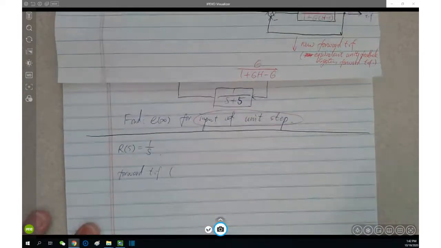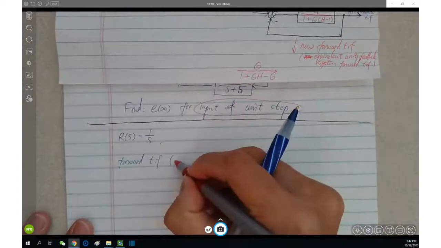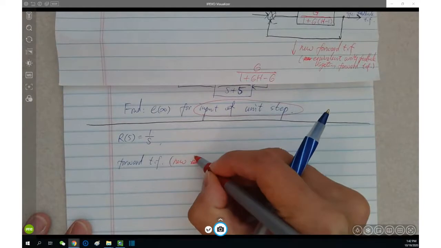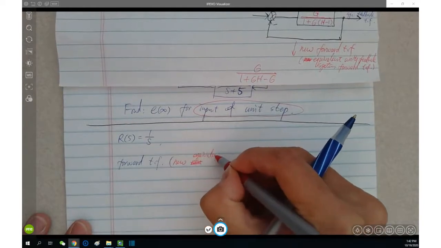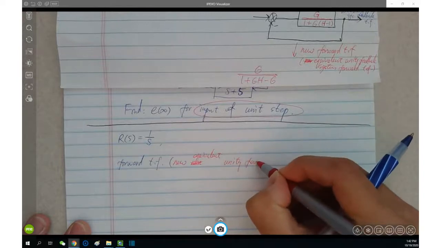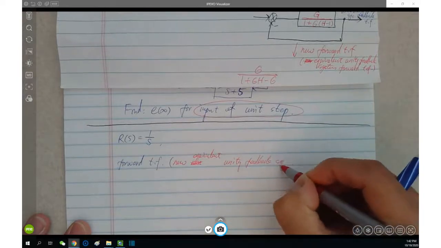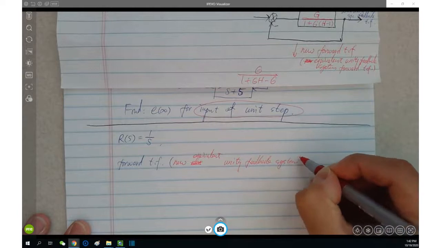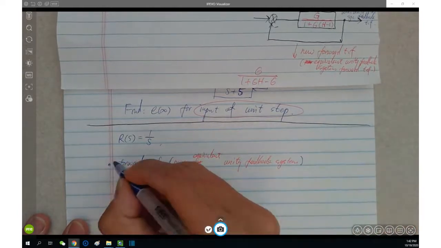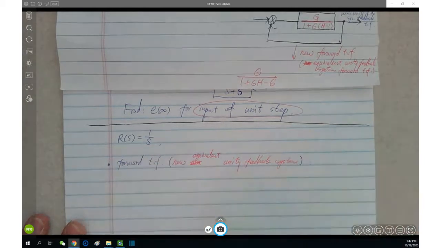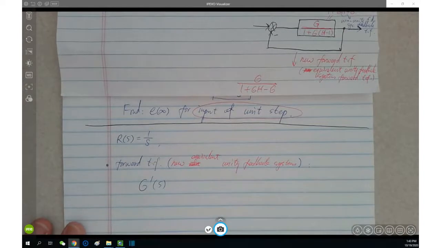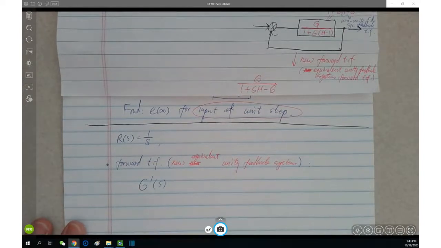We're looking for the new equivalent unity feedback system forward transfer function. Feel free to call it G prime of s. And equals to what?